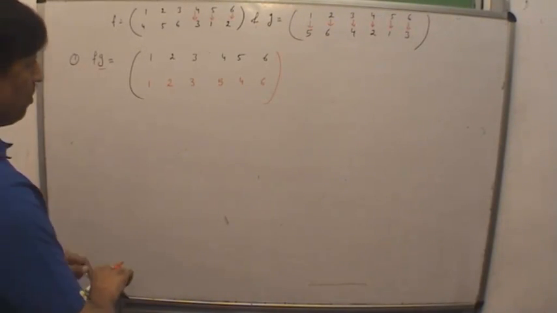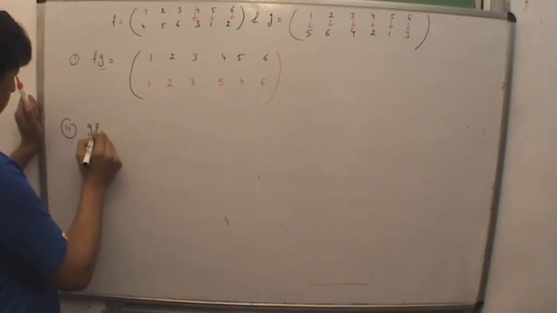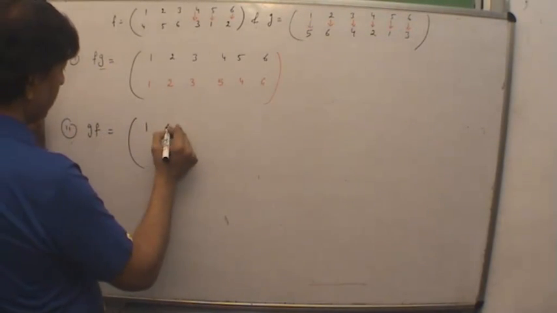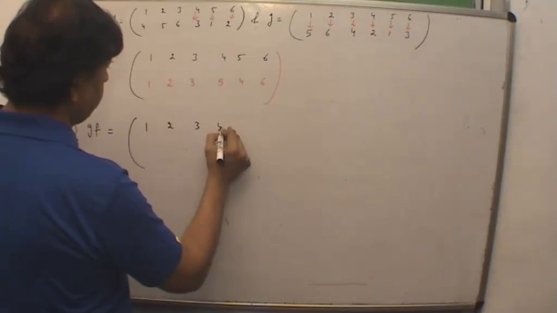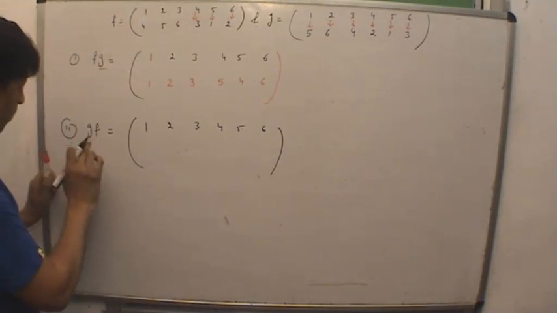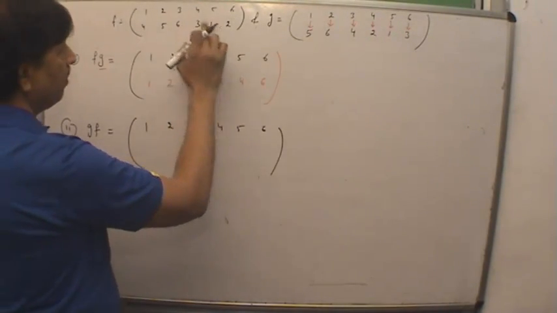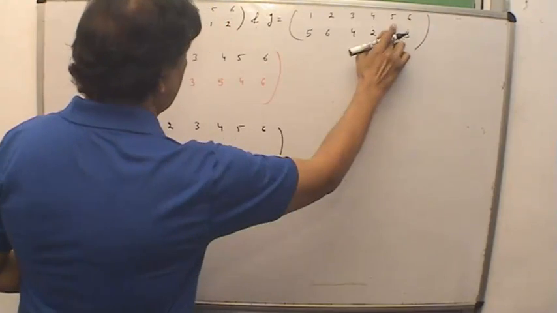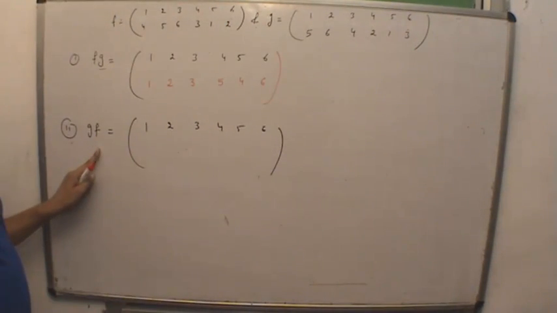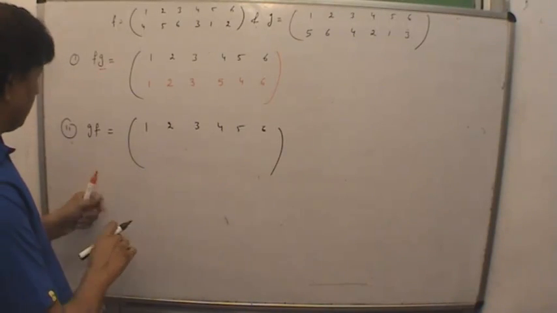Secondly, to find G composition F, we write the first line as it is, 1, 2, 3, 4, 5, 6, because the objects will remain the same. Now we will start counting from F. We consider the permutation at the last.